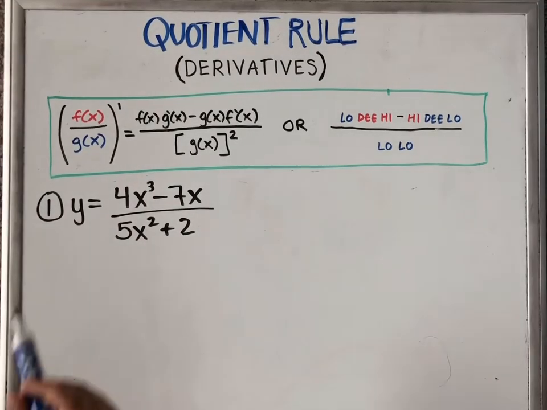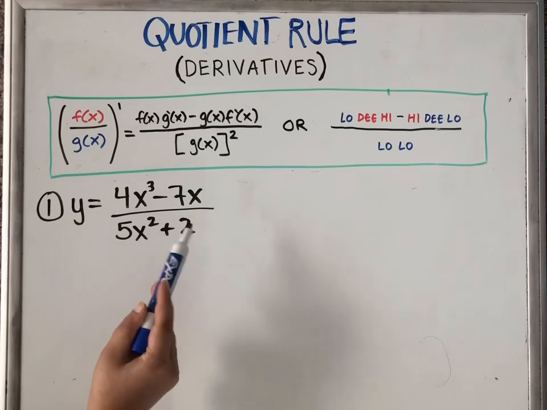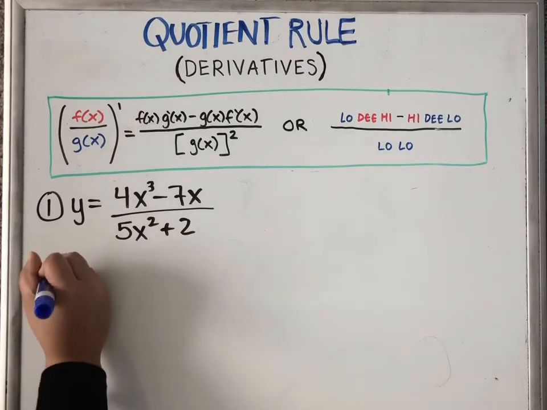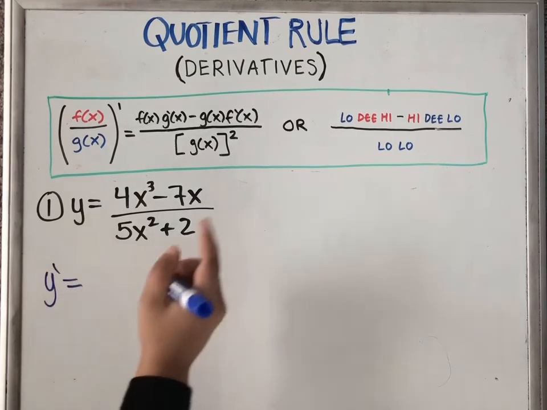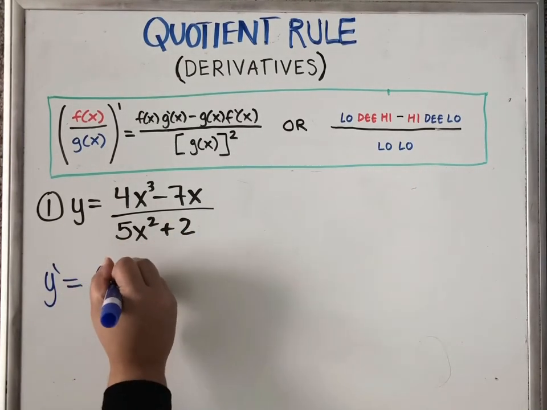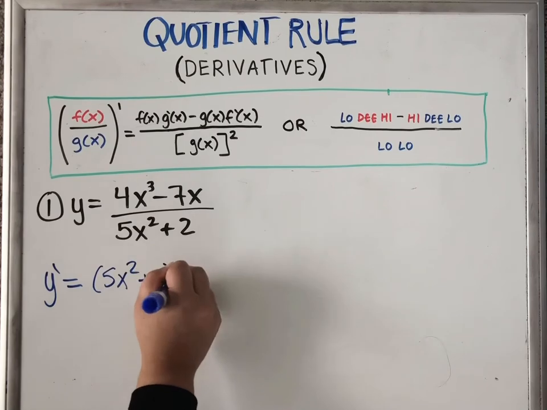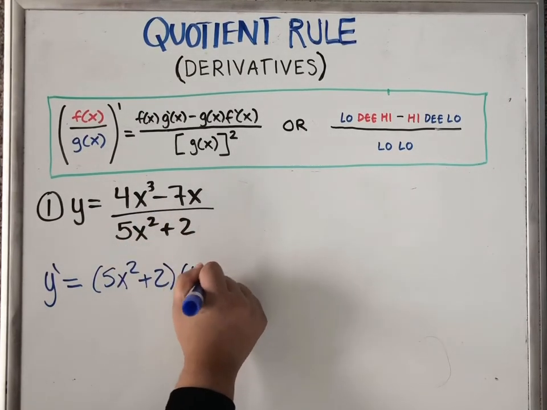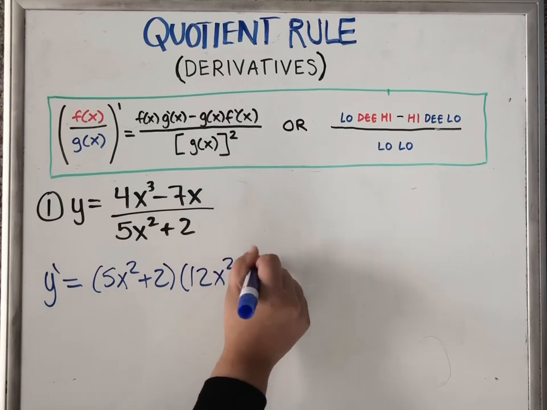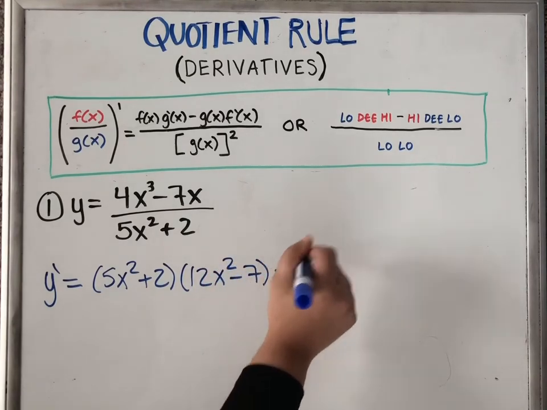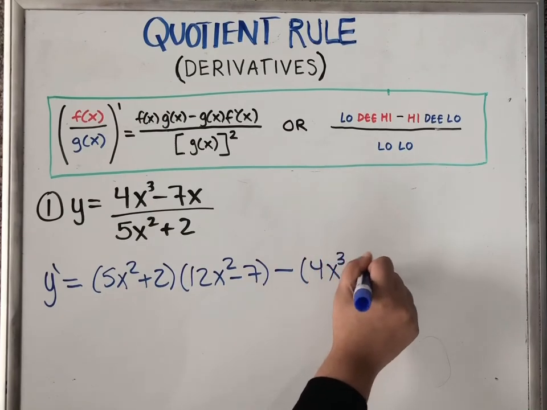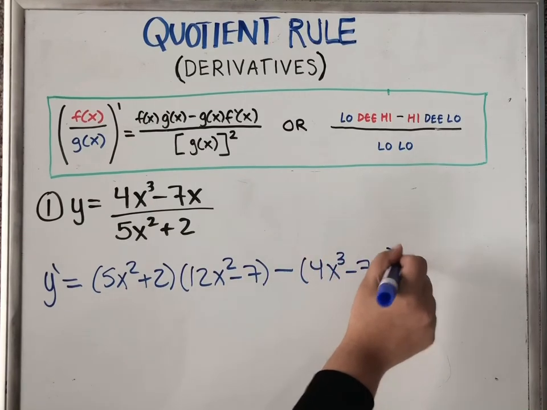Alright, so for number one here we have y equals 4x cubed minus 7x all over 5x squared plus 2. So to take the derivative, here we go: low, 5x squared plus 2, d high, so derivative of the top, that gives us a 12x squared minus 7, minus high, which is 4x cubed minus 7x, d low.